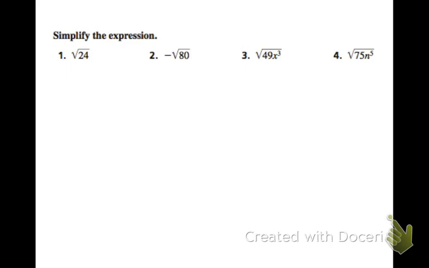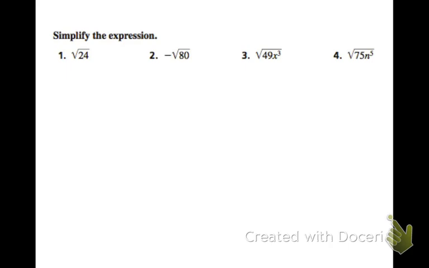So let's work on simplifying some of these. I know that the square root of 24 is not a perfect square. It's just a little bit less than 5 on the number line. However, I know that it has the square root of 4 as a perfect square factor.